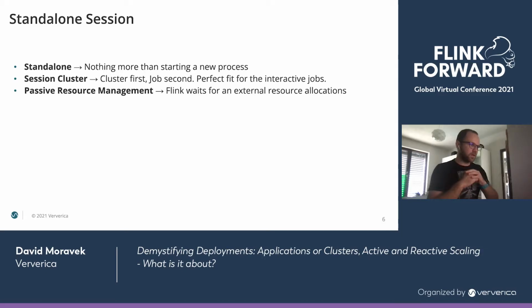Another thing that we have seen so far is this passive resource management. It basically means that Flink waits for some external system to actually allocate the resources to start new task managers, right? In this case, the external system was us manually starting the new task managers.